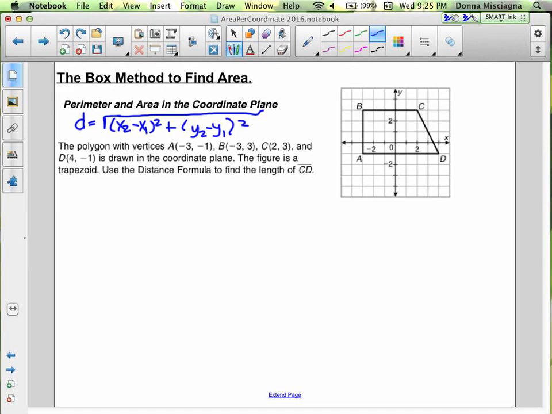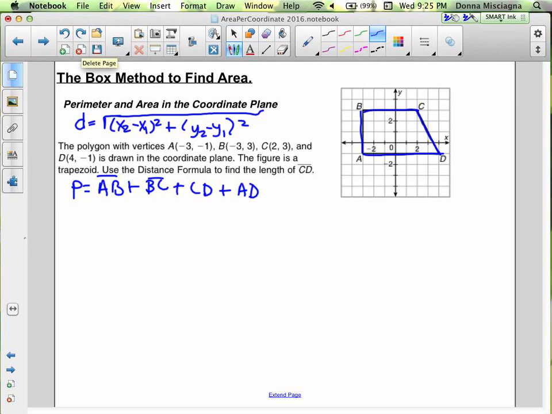The perimeter is the length of AB, plus the length of BC, and these are line segments, plus the length of CD, and plus the length of AD.